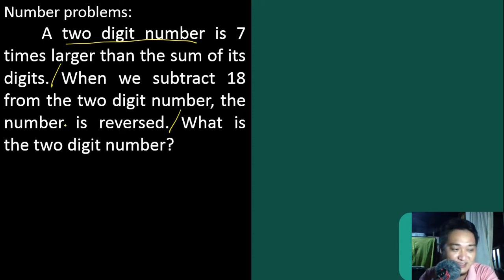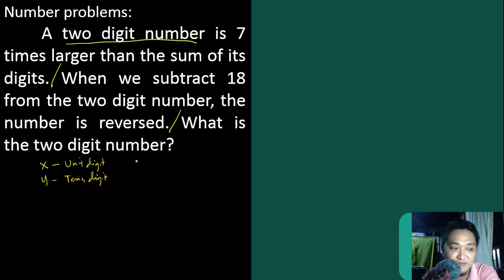Okay, so let's say x here pertains to the ones digit, or yung tinatawag nating unit digit, and y here pertains to the tens digit. Paano nga ba ine-express in terms of equation yung 2-digit number?